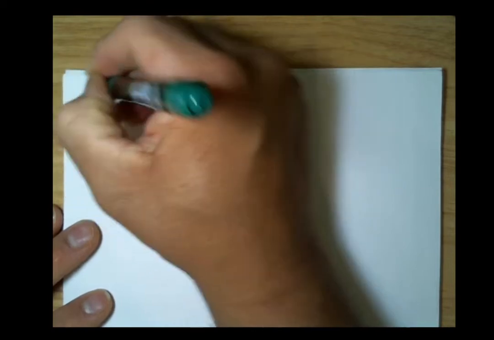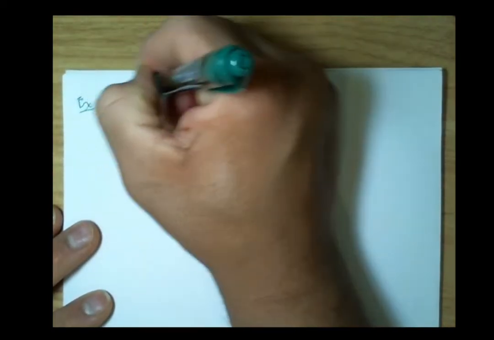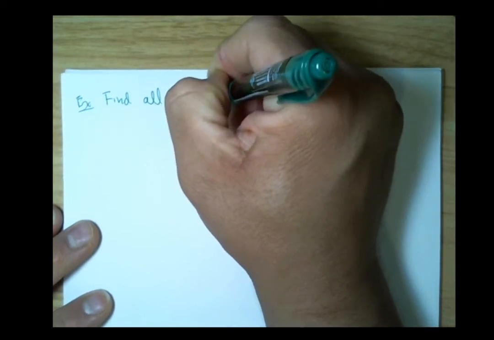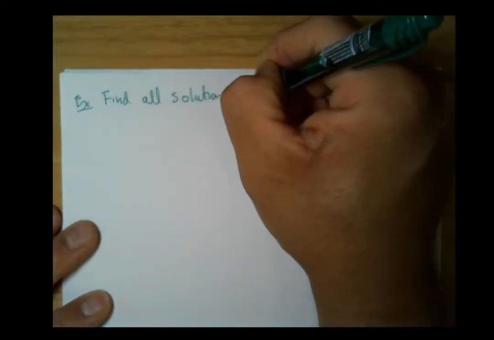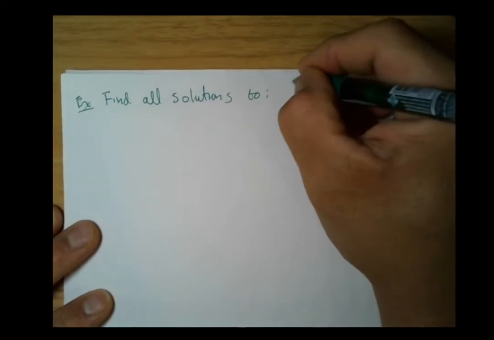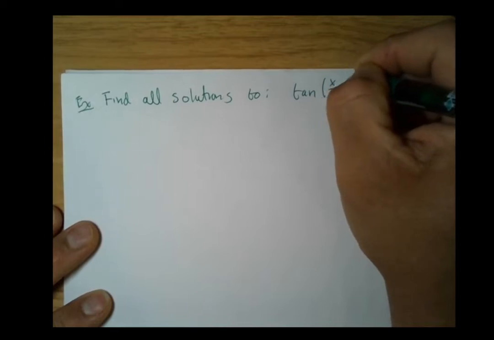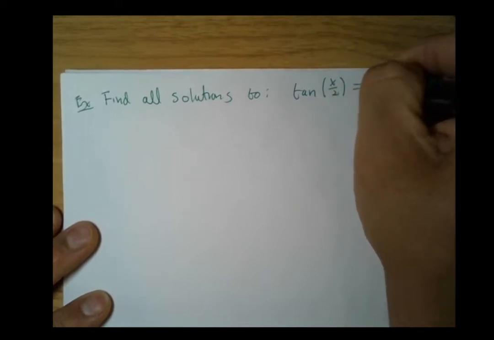Here I'm going to use a tangent. So for this example, I want to find all solutions to the problem tangent of x over 2 is equal to negative root 3.